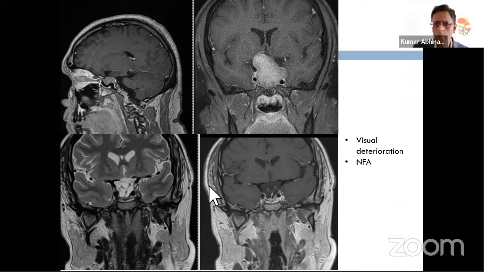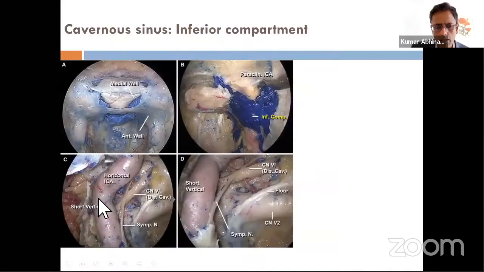So what about other compartments? I'm talking about the inferior compartment now. When we are talking about the cavernous sinus compartments, the division is based on the ICA. This is the compartment sitting below the horizontal ICA, bounded by the horizontal ICA above and the short vertical segment at the back.